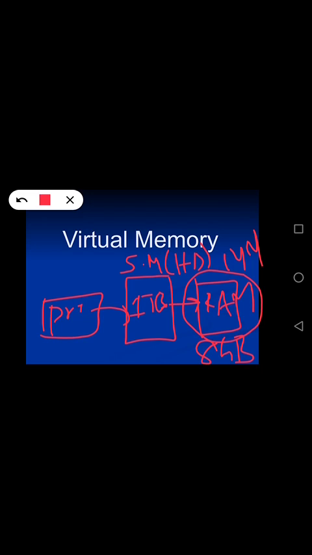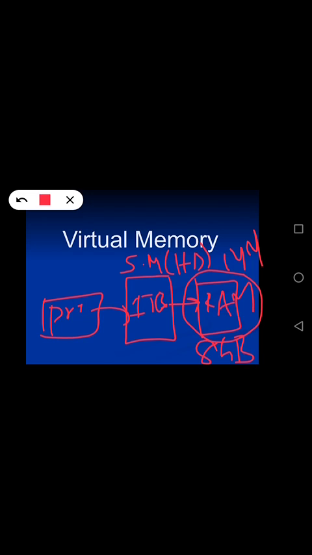If there were no technique called virtual memory, it would be required to put a constraint on the programmer that the size of the program cannot be greater than 8 GB. But this is not the case.